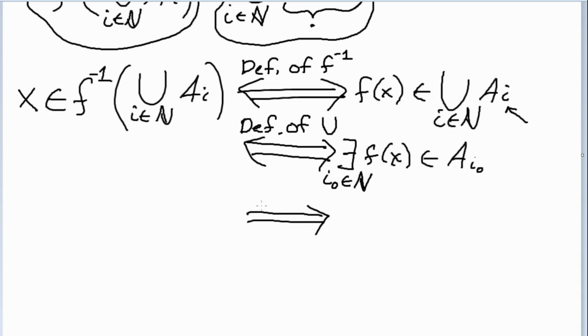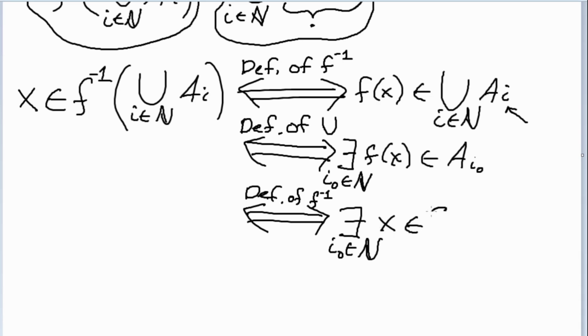So now, again, I can use the definition of preimage and just say that's the same thing as saying this. If f of x is in A_i naught, then that means x is in the preimage of A_i naught.